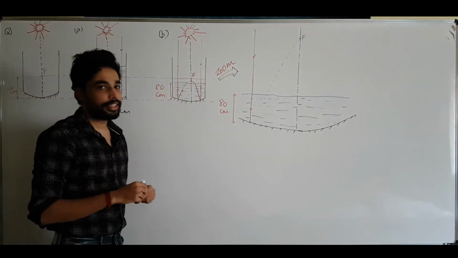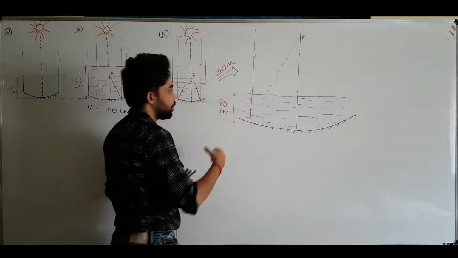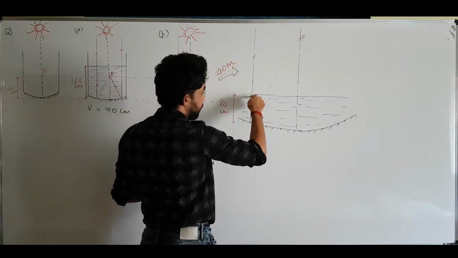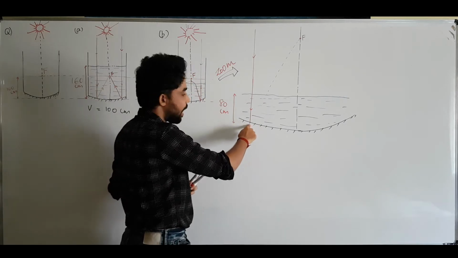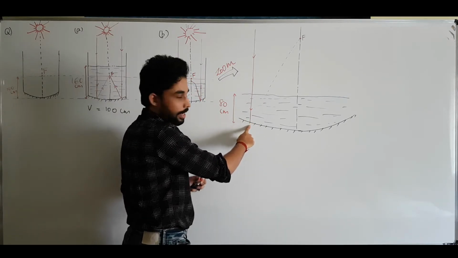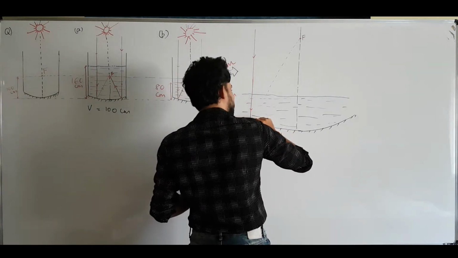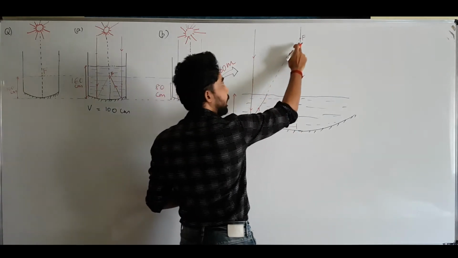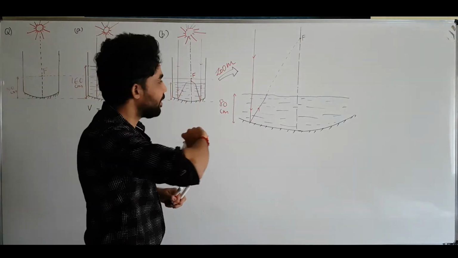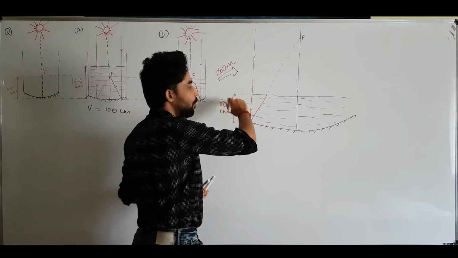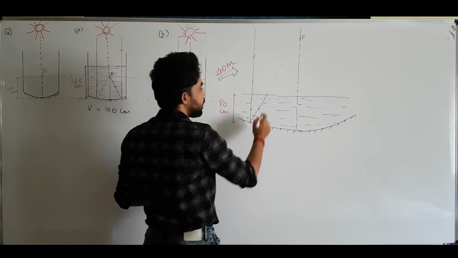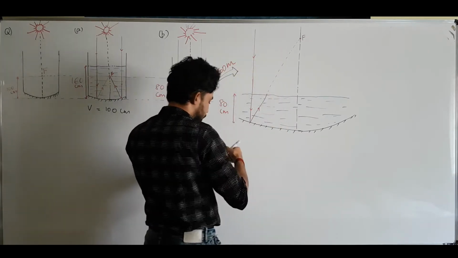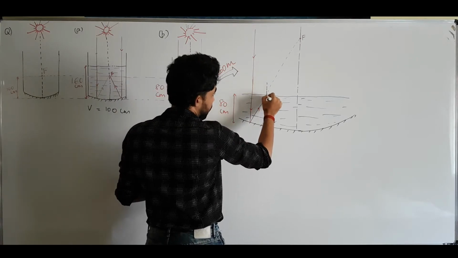Let's try to understand this a little more clearly in this zoomed version of this figure. So say the rays are coming like this, and it is parallel, and it is entering the medium, and it is reflecting here, and as soon as it reflects, it will be traveling like this in hopes of meeting at the focus. But since the medium ends here, there is no longer water here, what happens is, the ray which was going to be going in this way, let's draw a normal here, this is a normal.